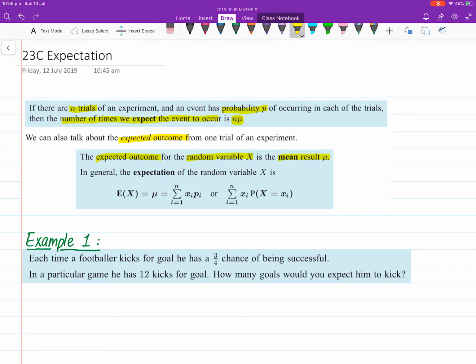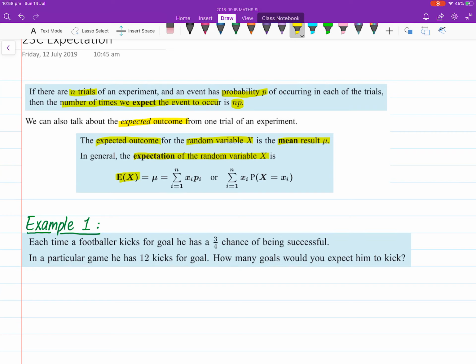So we would say the expectation of the random variable x. Let's say x is getting heads when you're tossing 2 coins. So the capital E for expectation of random variable x, let's say it's getting heads. It means I want to find the total.